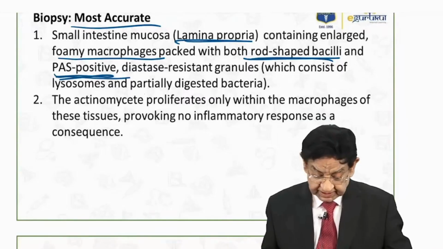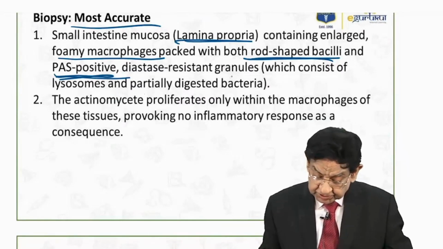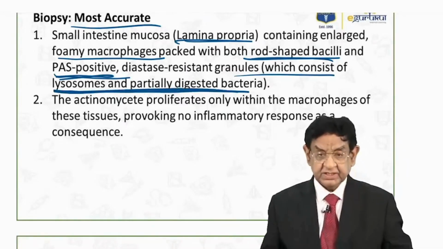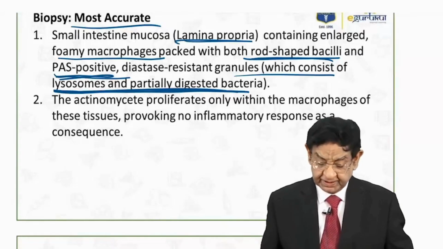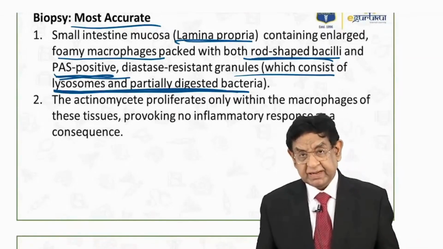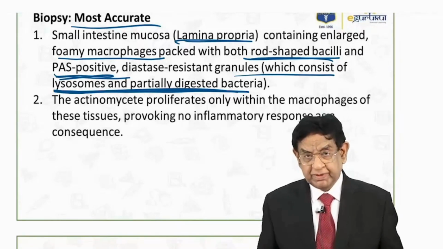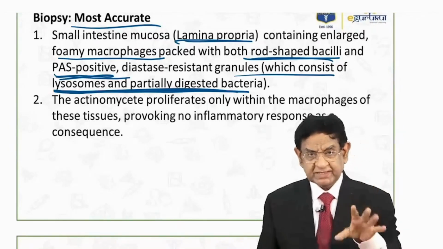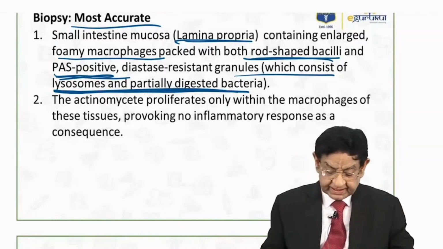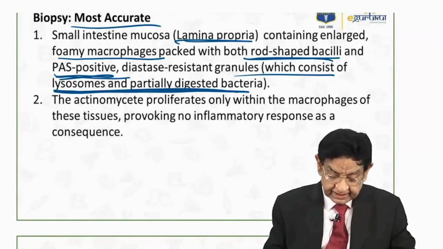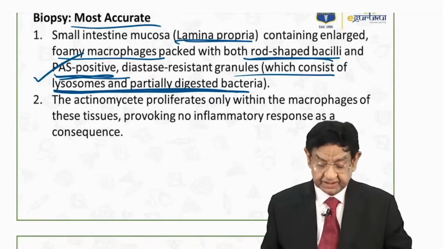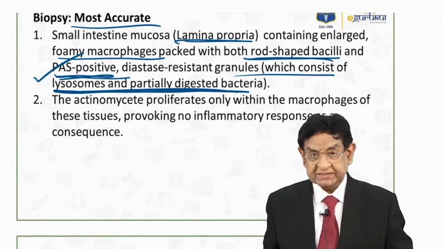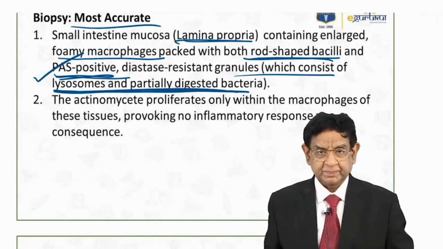What is this? It consists of granules of lysosome and partially digested organism. I repeat again: in the biopsy lamina propria, we get foamy macrophages, and it contains the organism and PAS positive material, which is nothing but lysosome and partially digested organism. Got it?